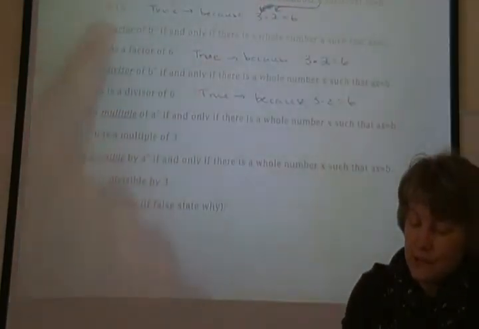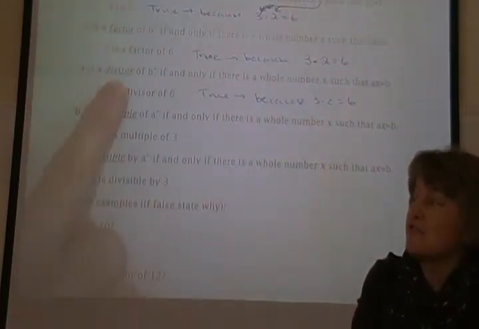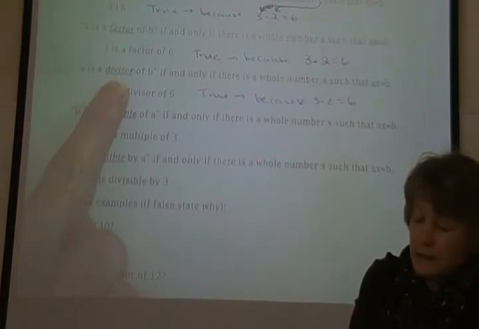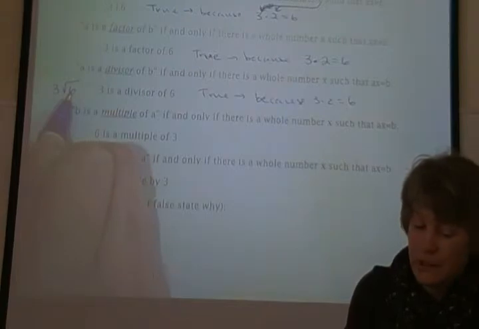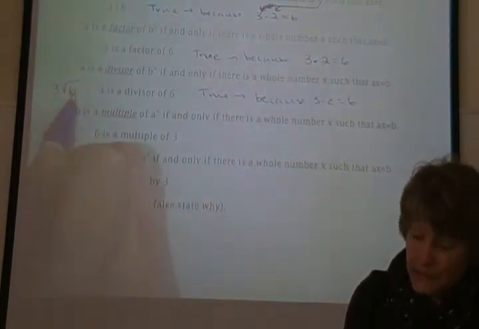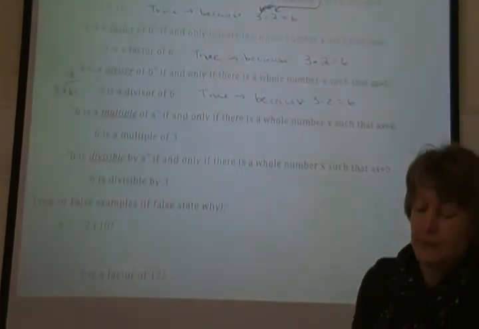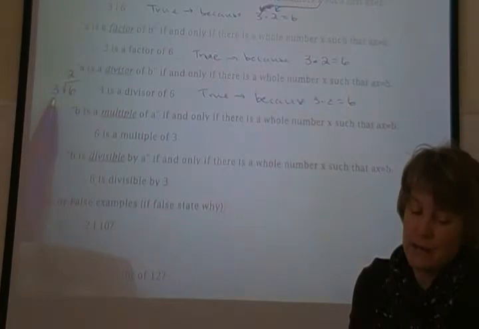So we've got 3 different ways to say the same thing. A divides B, A is a factor of B, A is a divisor of B. They all mean the same thing. When you do a division problem, this is the divisor, the number that you're dividing into. So, because 3 divides into 6 evenly, and you get 2, 3 is the divisor. That's where you put it, just in case you forgot about division.